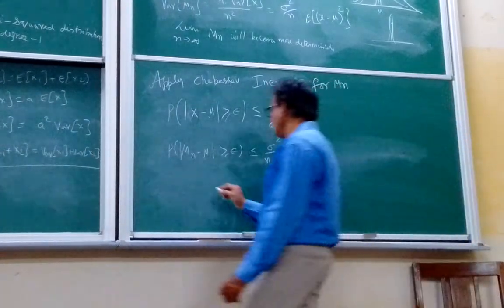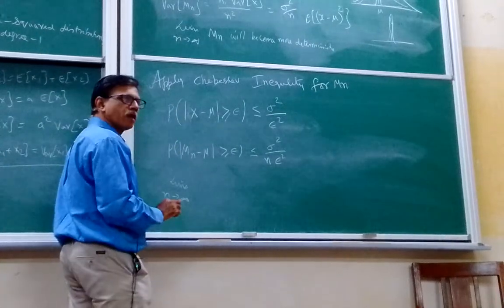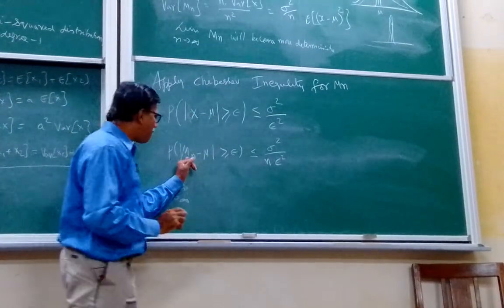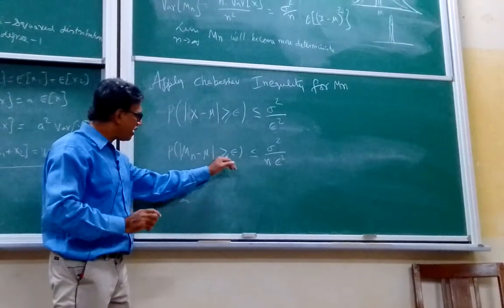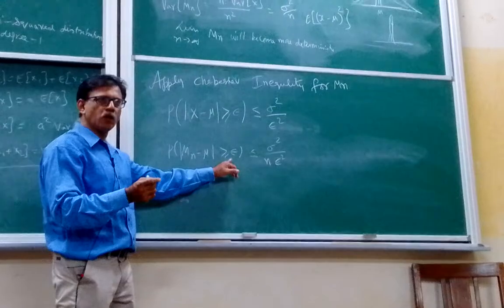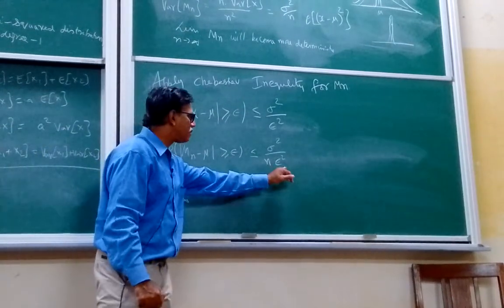So this means that in the limit n tends to infinity, the probability that M1 deviates from the mean by any value epsilon, however small you take, becomes less and less.